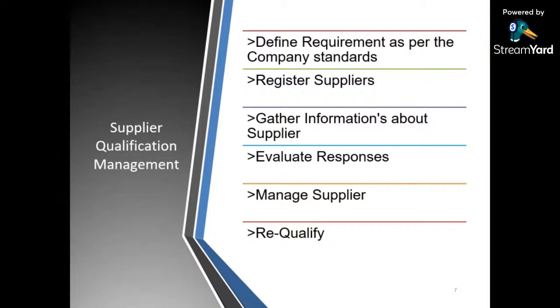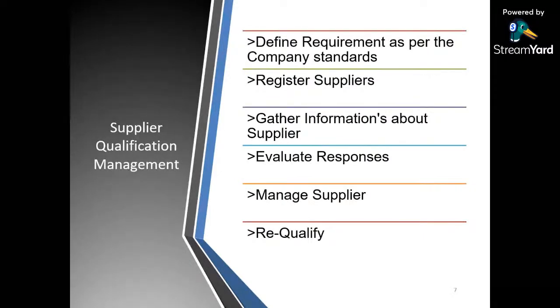Let's say we are expecting certain standards and a certain range of spend capability from a supplier, and we are expecting him to have at least some revenue, say $1 million or $2 million. We might not consider the supplier.